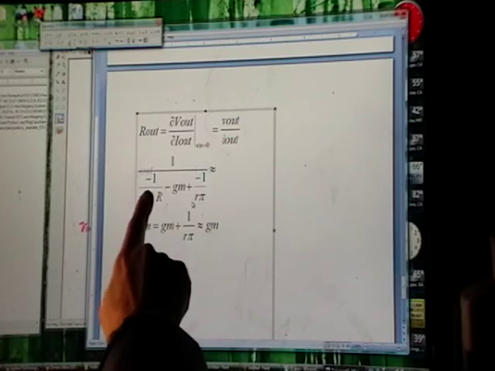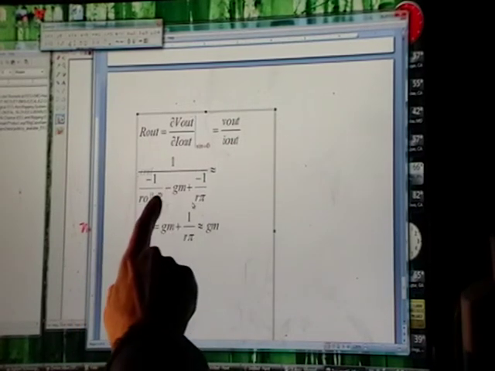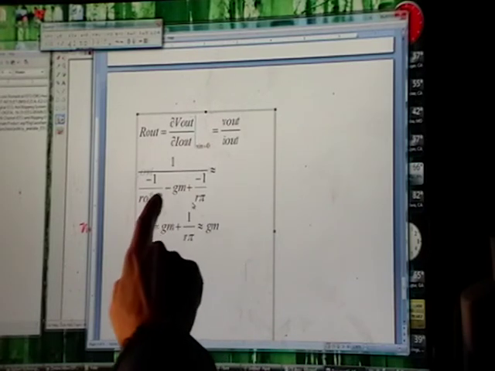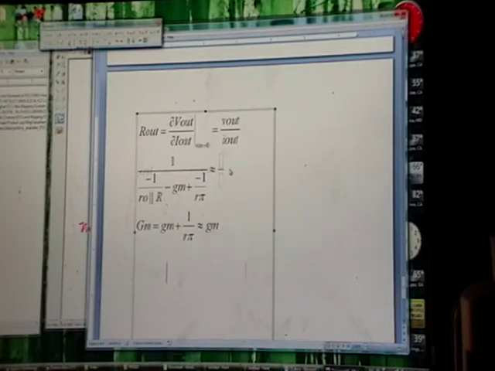And because it's so big, this just looks like 1 over r. These two right here are going to be much smaller than GM, and you can approximate this as, with my sign error, 1 over GM.